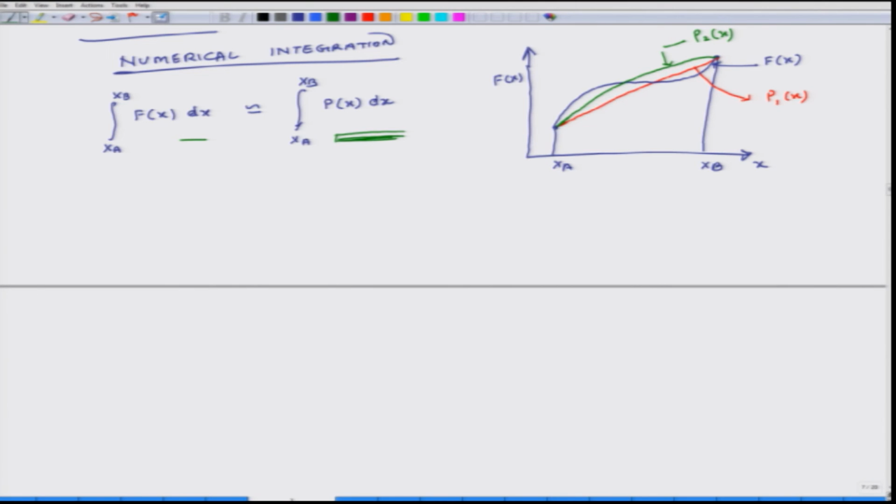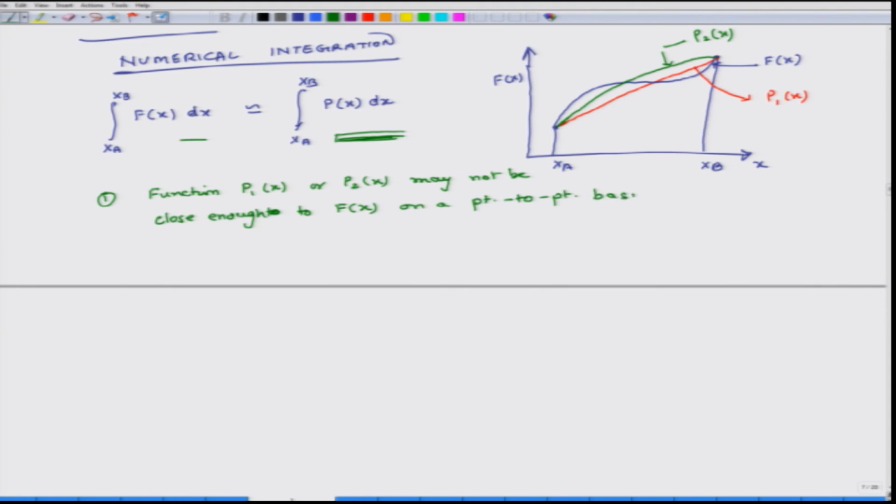So, I am interested in finding the integral either under the red line or the green line, and while I am doing this, I realize that it is important to note that, first, the function p1(x) or p2(x) may not be close enough to f(x) on a point to point basis.